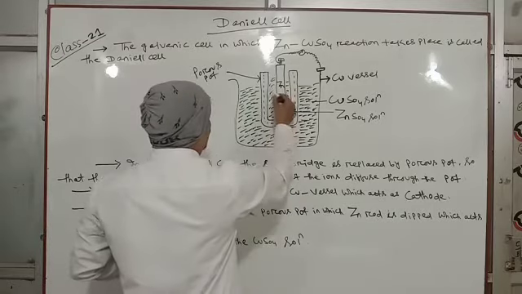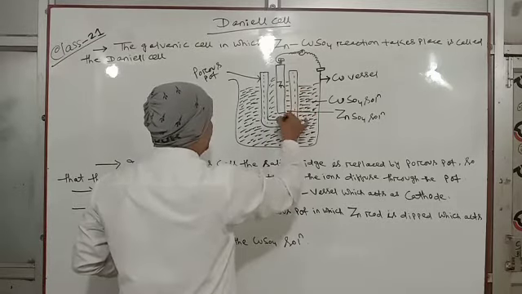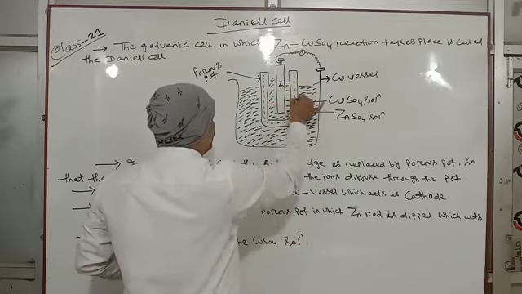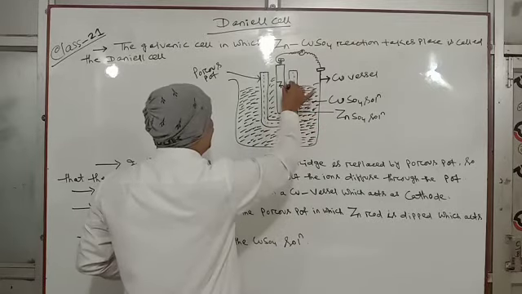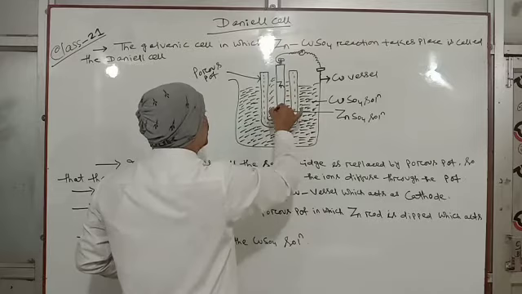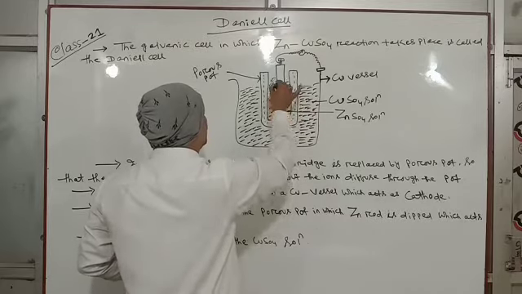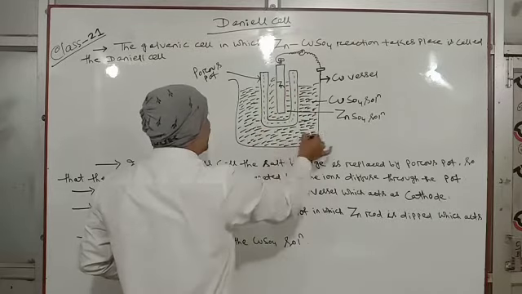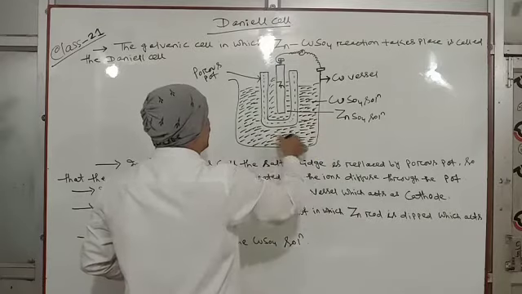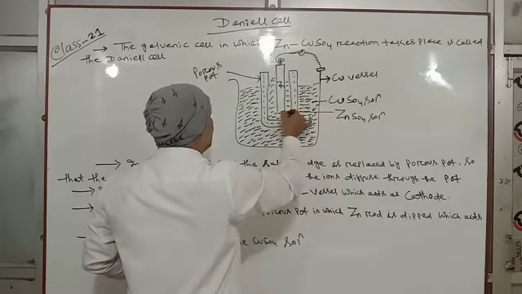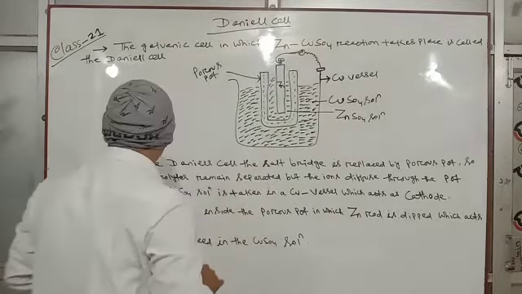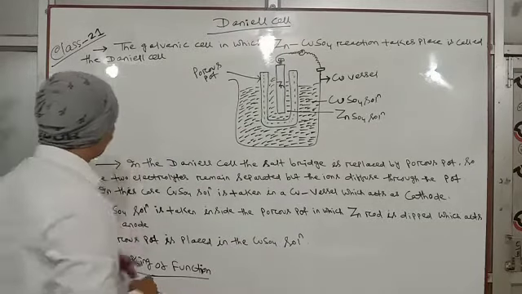Between these two electrolytes is the porous pot. Inside it we have zinc sulfate solution, and outside we have copper sulfate solution. Look at this.